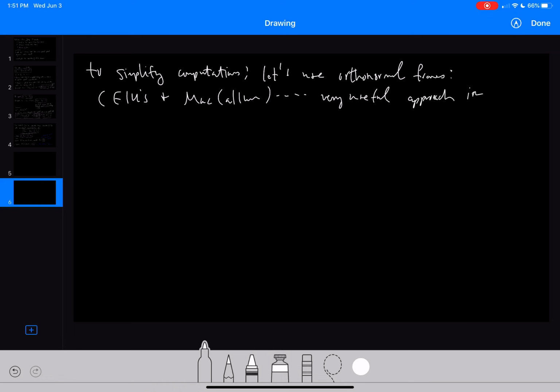So we will use orthonormal frames, and what you find is that if you use orthonormal frames with the Cartan formalism, computing all the different curvature components becomes much simpler, and that's why you work in an orthonormal frame, okay? So let's choose an orthonormal frame.